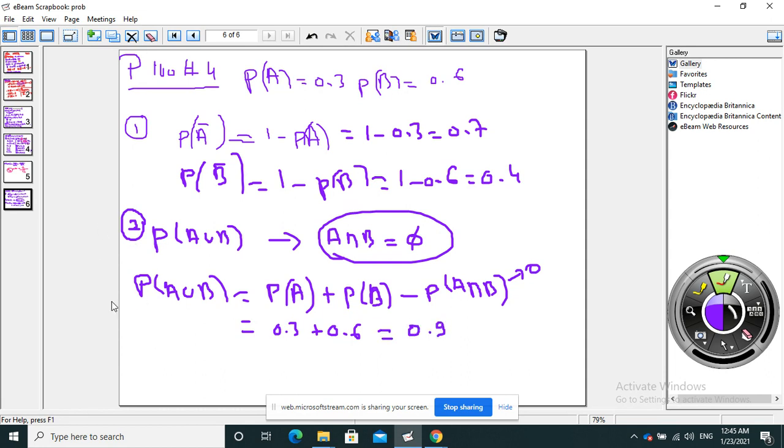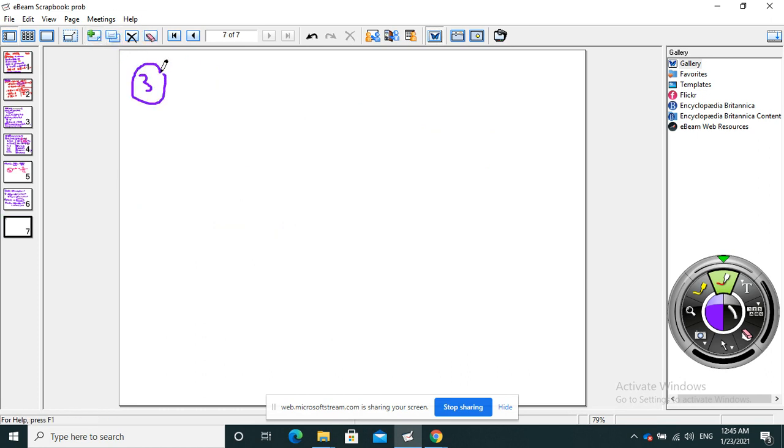And the third question: find P of A union B, given that P of A intersection B is equal to 0.15.